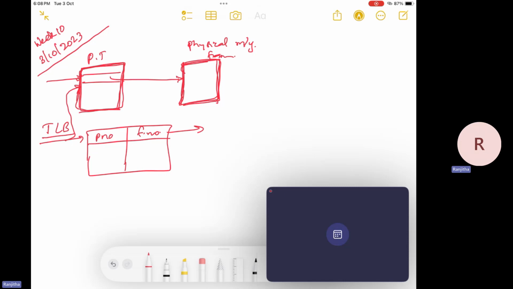Since TLBs are smaller in size, we cannot hold every process's paging related information in the TLB. So sometimes when we are trying to access a page, the entry may be there, may not be there.